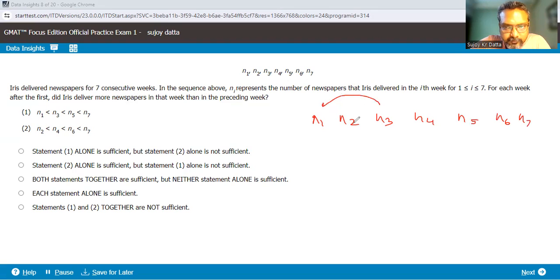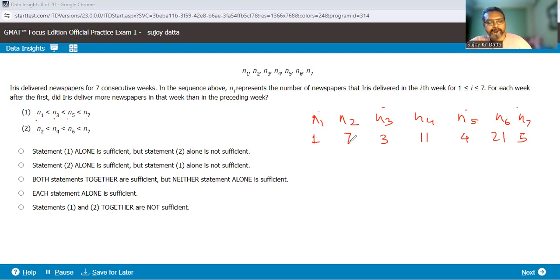We know that this is bigger, but what is this? I mean, it can always be something like 1, 7, 3, 11, 4, 21, 5. So N1, N3, N5, N7. But we can't say for each week whether it is true or not. Is N3 more than N7 now?